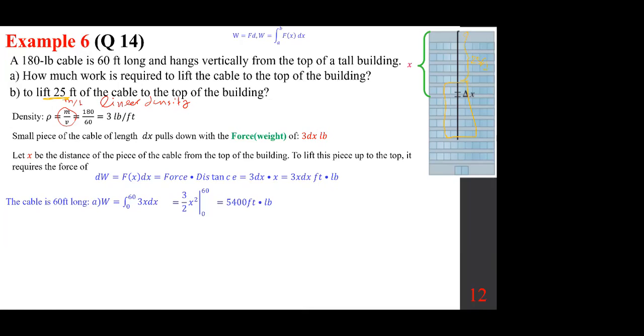This 35-foot block, the entire thing moves up by 25 feet. You can think of it as a fixed force, fixed weight. You can calculate the weight of the bottom 35, whatever it is, times the distance of 25, it's going to go up by 25 and you're done.